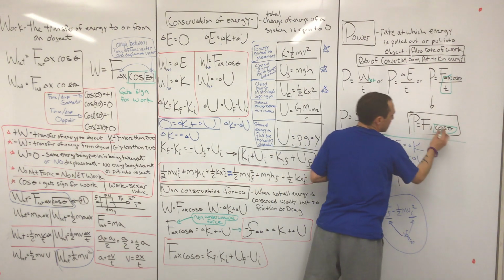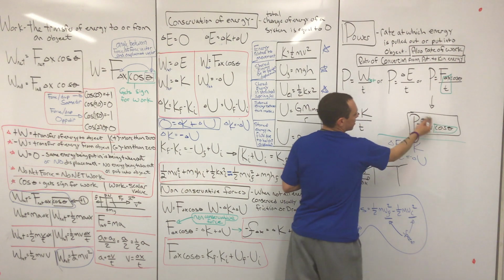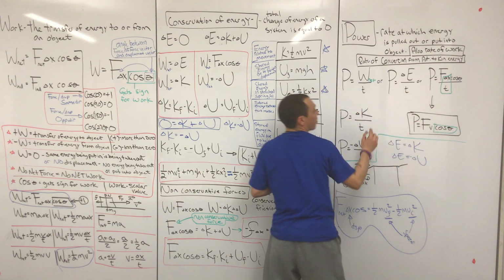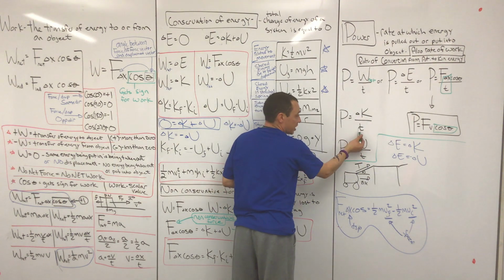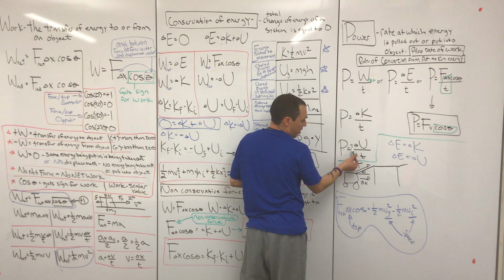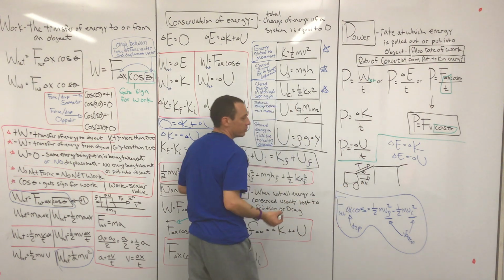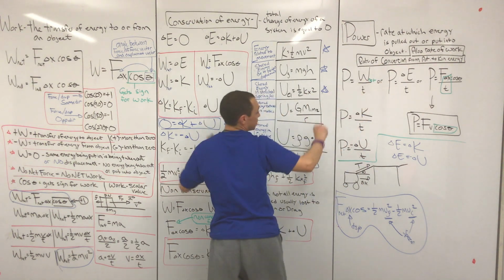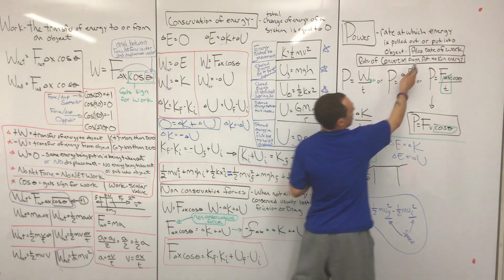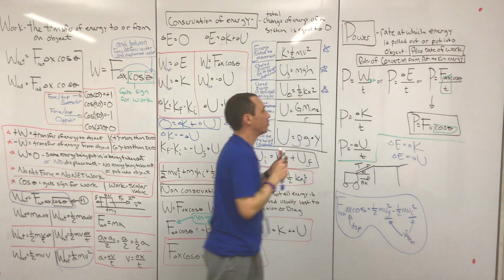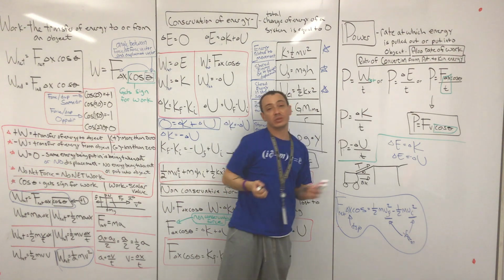And typically this cosine theta drops off, so it's just force times velocity. It's another way to find power. Another way to write power is the change in K over time. Another way is the negative change in U over time. So all these different combinations, but if you need to know power, the rate at which energy is pulled out, or the rate of work being done, that's how you do it, all right?